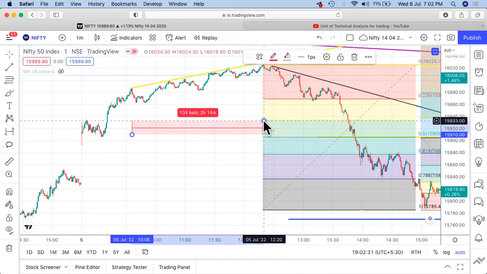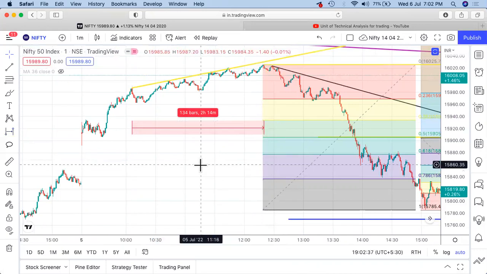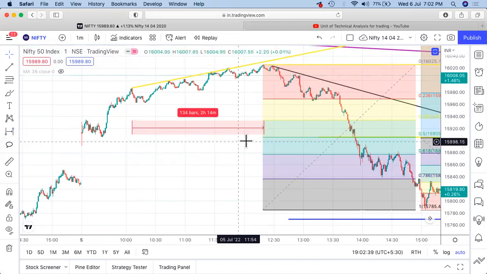We're considering high to high. Comparatively, this was for a longer time frame, which is 2 hours. The last one was only there for 42 minutes, not more than that. So this is for a longer time period, right?